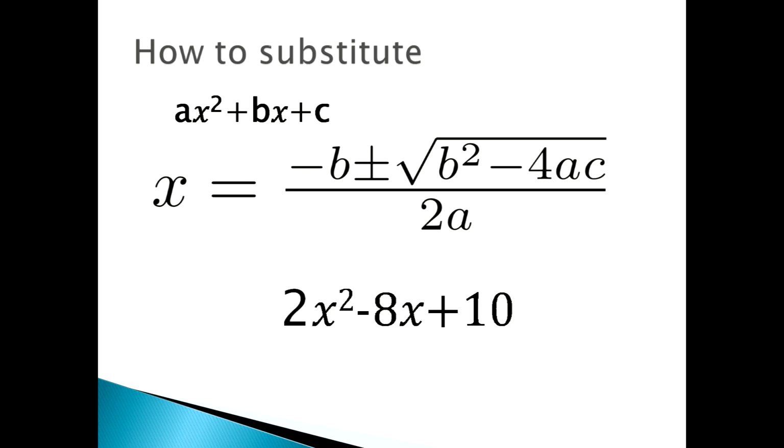As we know, 2 is a, so we put the 2 where the a is in the formula. We also know that minus 8 is b, so you put the minus 8 into b, and 10 is c, so you put it where c is.